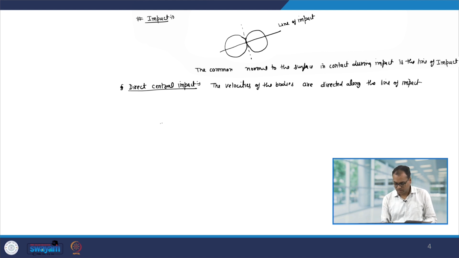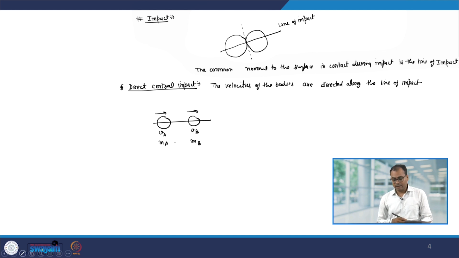So, that means if this is the line of impact, then the velocities are along it. Let us say the velocity of this body is V A, the mass is m A, and the velocity of this body is V B, mass is m B.